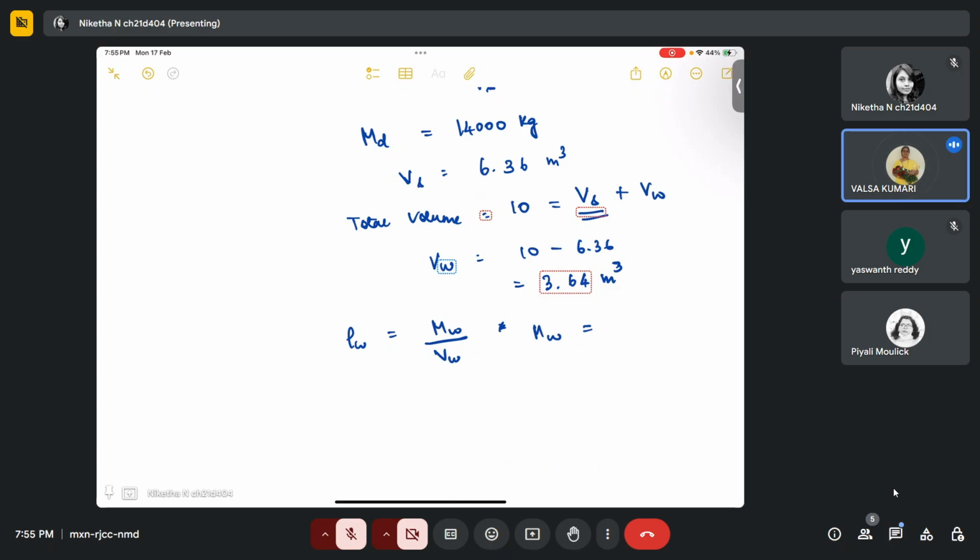So this is 1000 kg per meter cube, and this is 3.64 meter cube. So now we have to find out the mass of water.